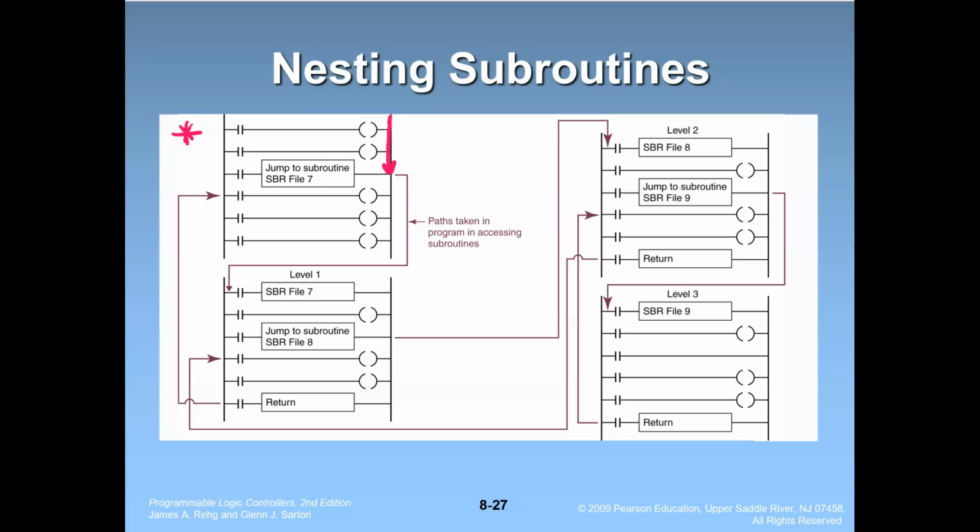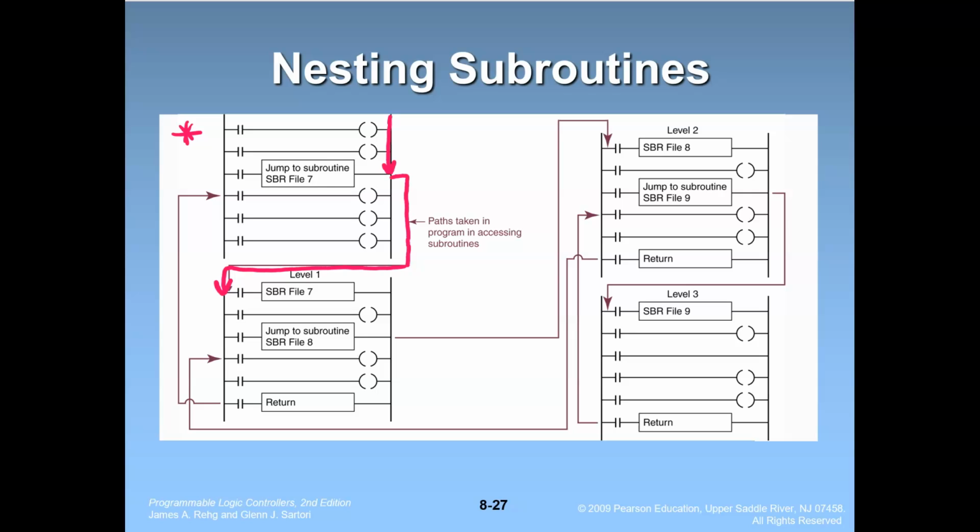Assuming that this jump is activated, then the program will jump to the subroutine which is located at file 7. Now within this subroutine, we are allowed to have another jump. So a jump inside a subroutine can redirect the flow of the program into another subroutine without directly coming back to the main program.